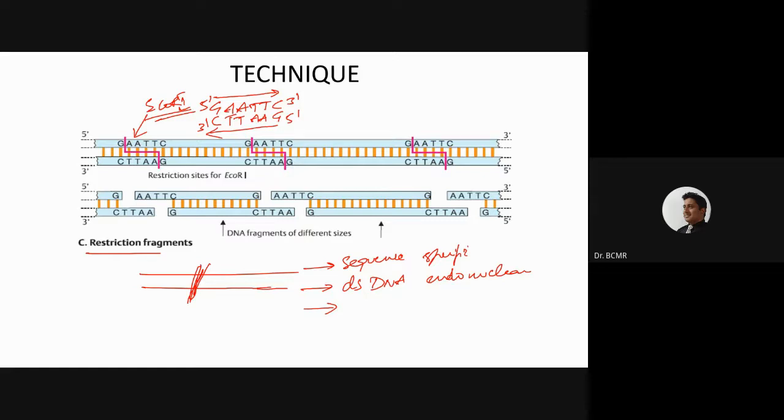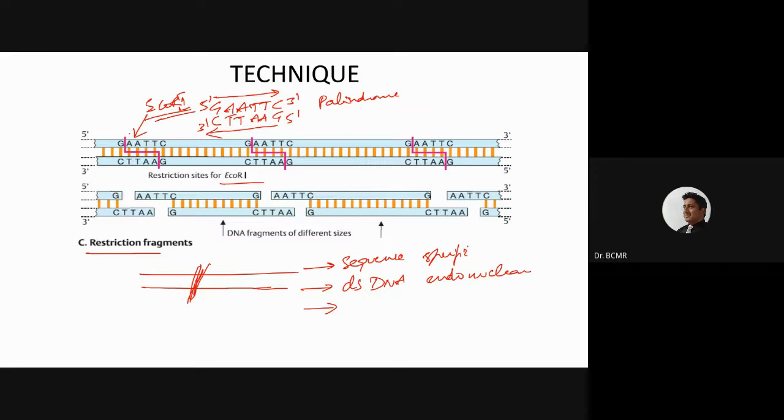GAATTC, GAATTC. That is a palindrome. So we can use restriction endonucleases to study DNA methylation status. We will get to that.